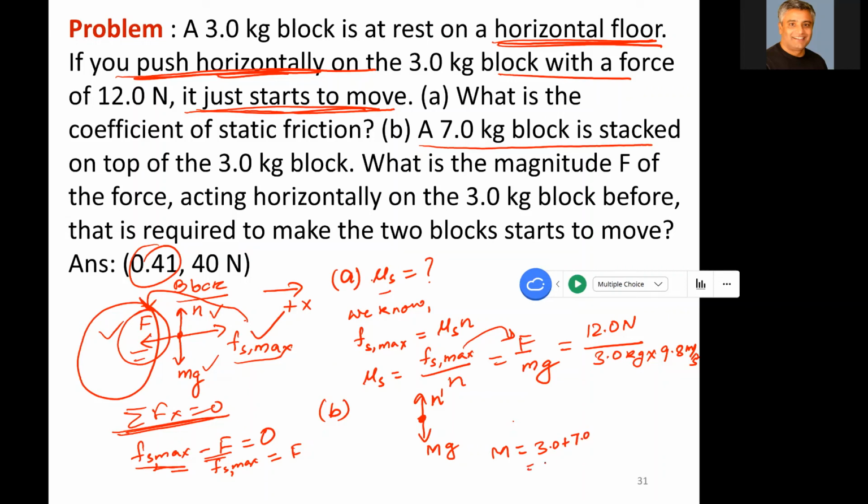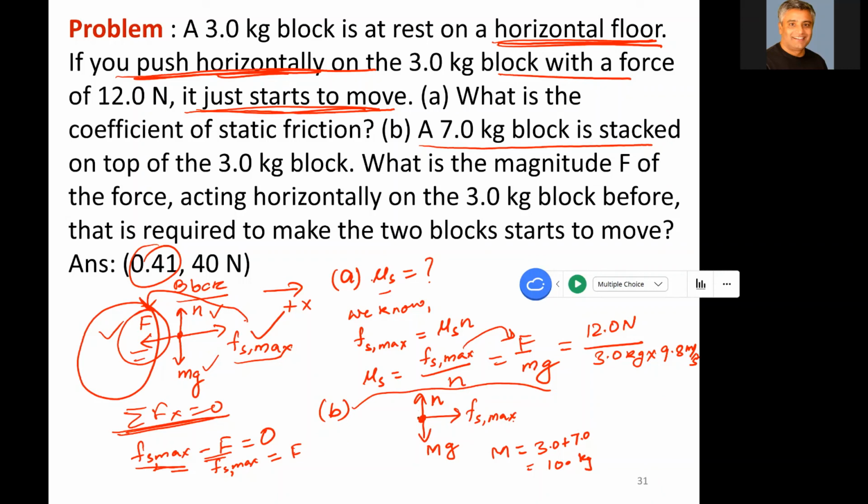So that means it's going to be 10 kilogram, and everything else is the same. Let's say Fs max. Let's forget about the prime, otherwise we have to put prime on every one of these. So let's assume these things are now new for part B.